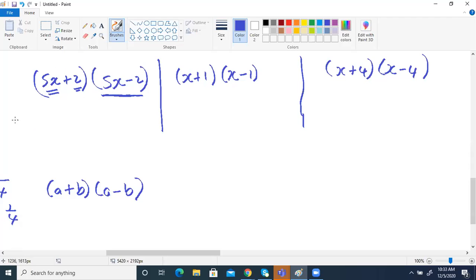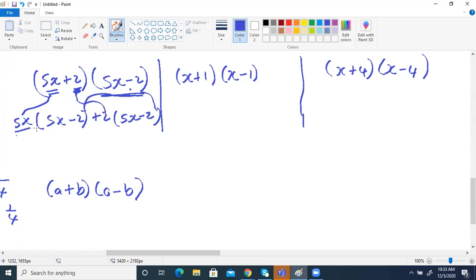So we say 5x multiplies this bracket here, and then this second term, plus 2, multiplies this bracket again.